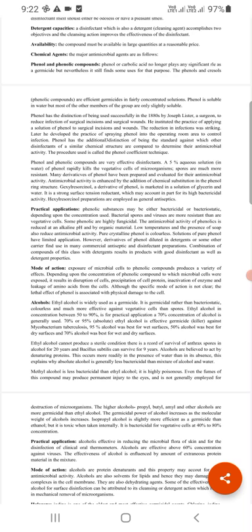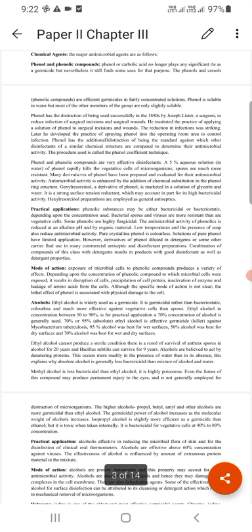Many derivatives of phenol have been prepared and evaluated for their antimicrobial activity. Antimicrobial activity is enhanced by the addition of chemical substitutions in the phenol ring structure. Glycerylresorcinol is a derivative of phenol and is marketed in a solution of glycerine and water.